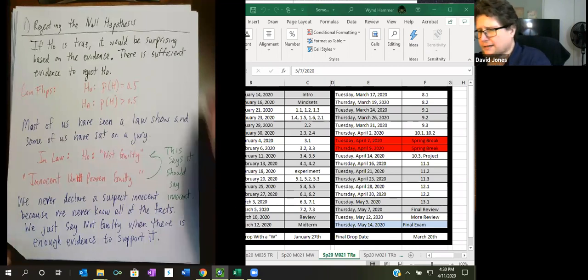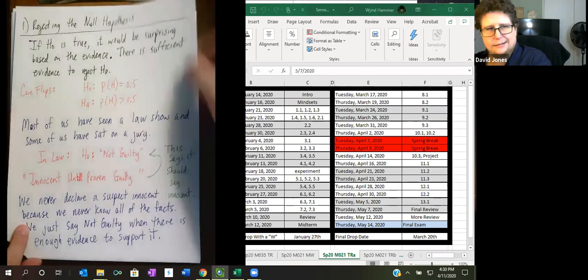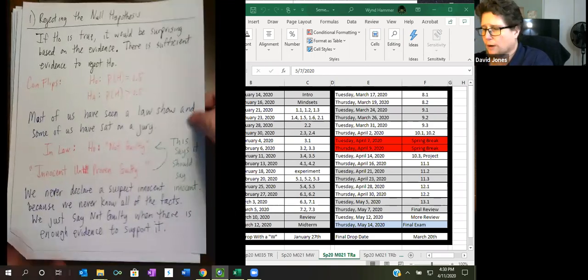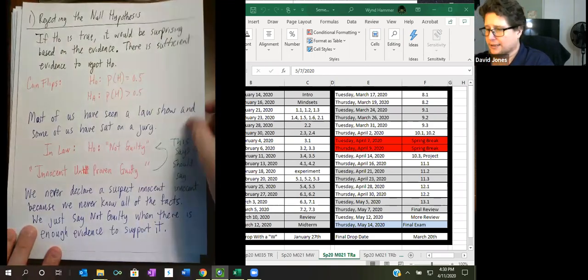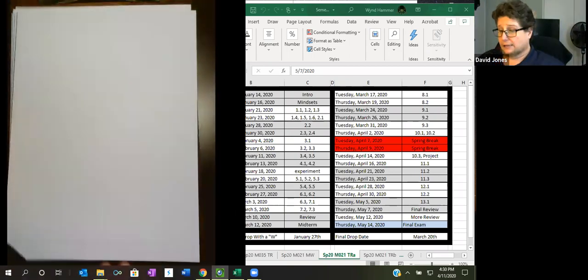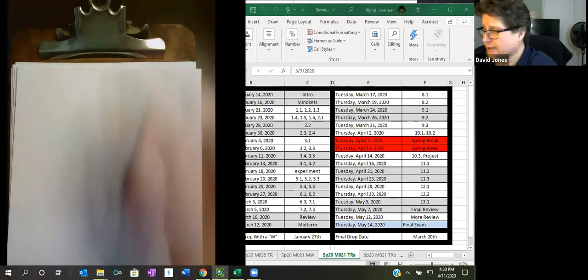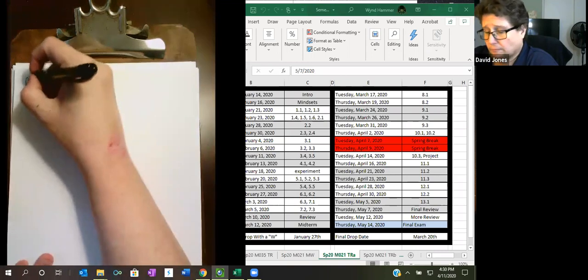So I digress. I veered away. We were talking about rejecting the null hypothesis. Let's get back to that. Back to rejecting H0.